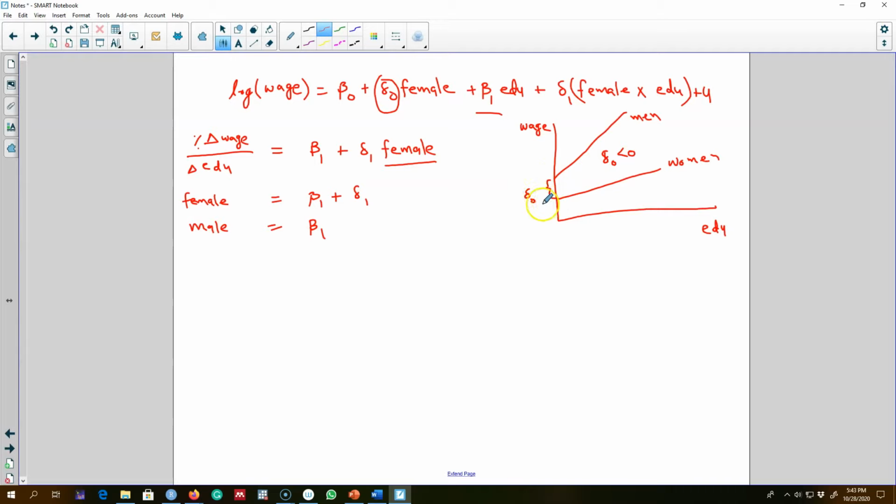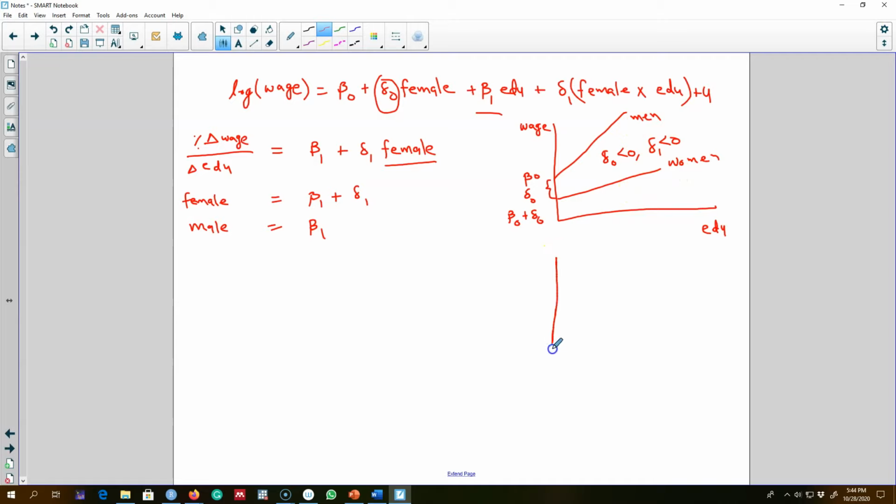This is the intercept for men, which is beta 0, and for female it is beta 0 plus delta 0. And we know that delta 0 is negative because the intercept of the line for female is less than the intercept for men. If we look closely, we also know that in this case delta 1 is negative as well. So the slope of the line is larger for men and the slope of the line is flatter for women.